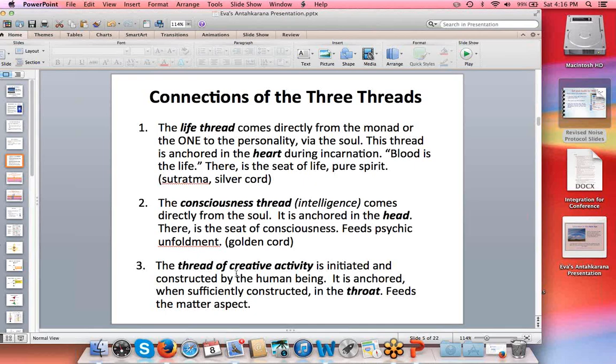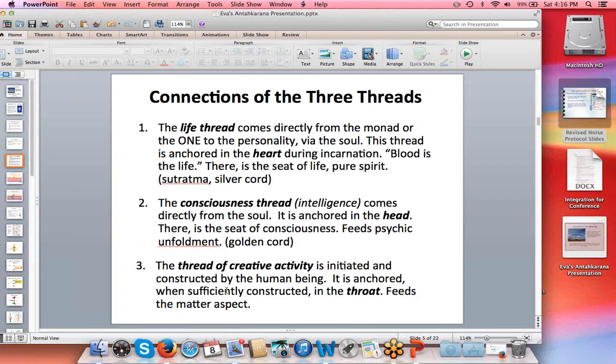The creative thread, or the thread of creativity, is initiated by man himself, and when it moves through the various bodies, through the various chakras, and finally finds itself anchored in the throat, this is where a certain kind of creativity comes, because the throat chakra, for those that may not know this, is where the mind is galvanized.